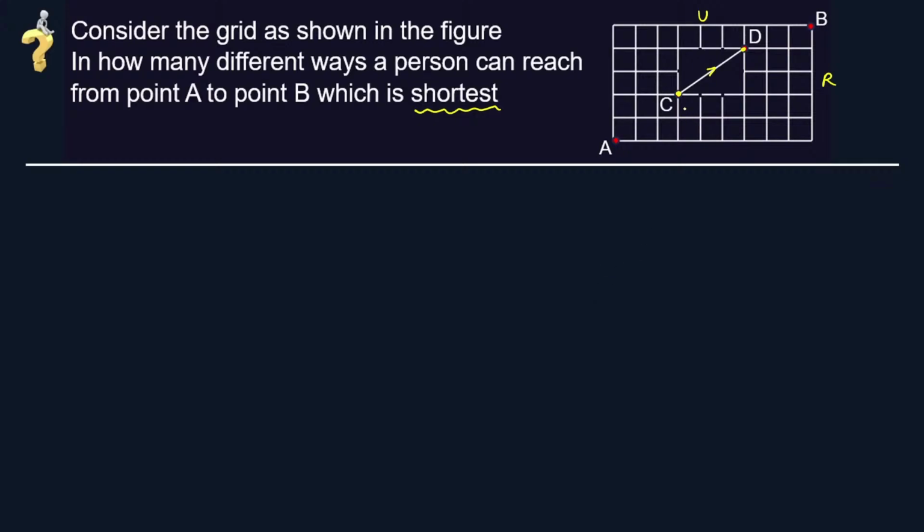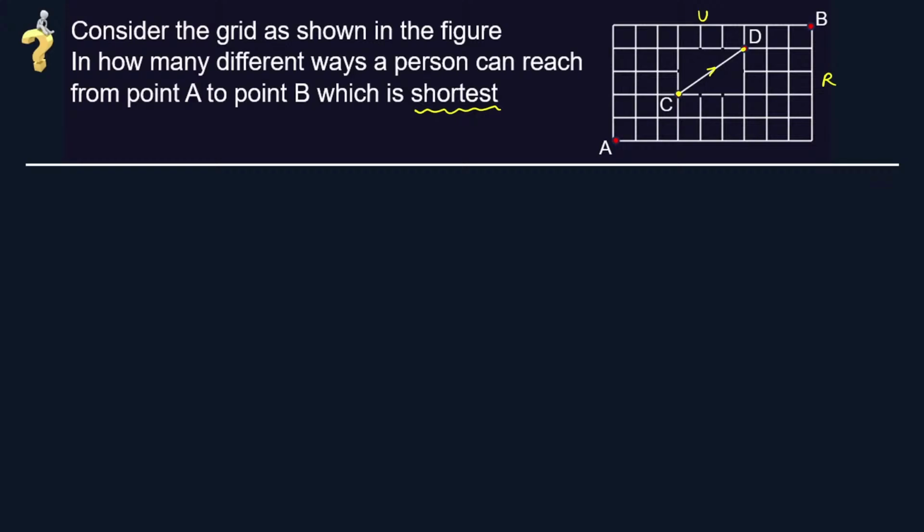If you want to go in some other way, you have to travel more than one path to reach point D. Even if you don't cross the point C, that will not be the shortest one, because at some point you have to cross more than one path. But if you reach C, then from C to D there is only one path. And to find the shortest distance, we should take advantage of this path. Then only the path will be the shortest one.